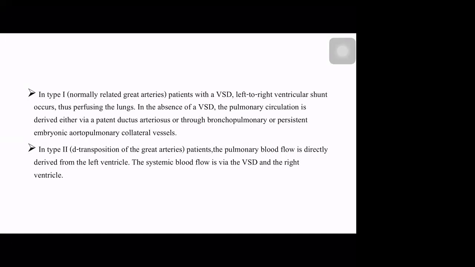In type 2, that is DTGA, the pulmonary blood flow is directly derived from the left ventricle as it is DTGA. But the systemic blood flow is now getting blood via the VSD and the right ventricle.